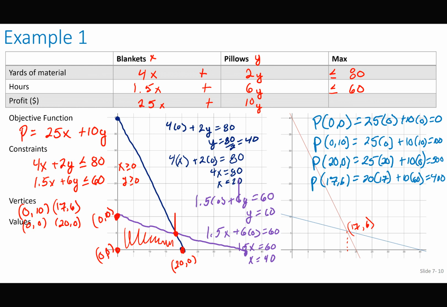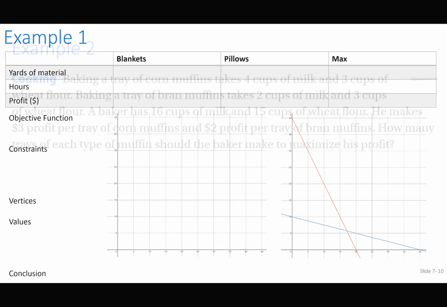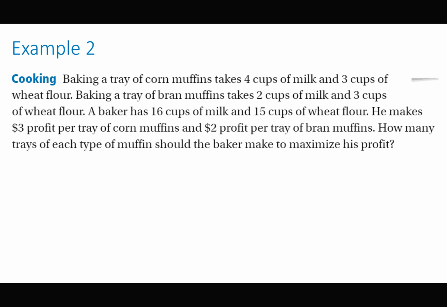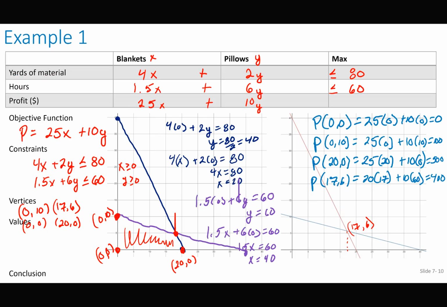Okay, all right, so we've tested all our points. So now we can come to our conclusion and say that the point at 20, comma 0 would optimize our function. Okay, but what does that 20 by 0 represent in terms of the original context of the problem of blankets versus pillows? Colin.